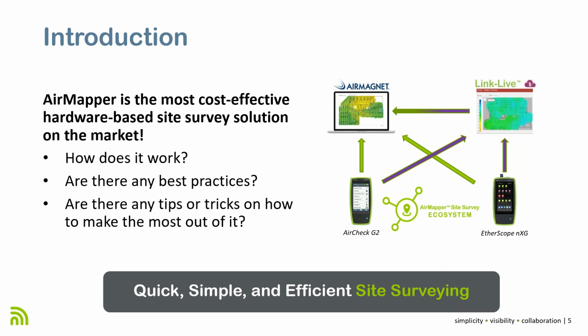We'll also highlight some new functionality that you may not be aware of that was released recently. Basically, the idea is to show you how it works, what the best practices, tips or tricks are, and help you learn how to quickly, easily, and efficiently perform a site survey using AirMapper on your AirCheck G2 or EtherScope NXG. So let's get started here pretty quickly.